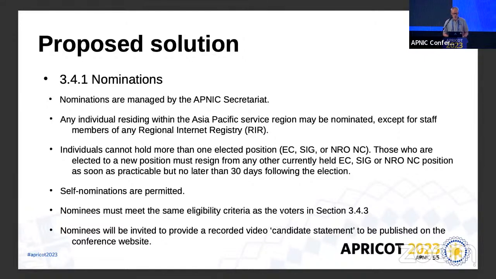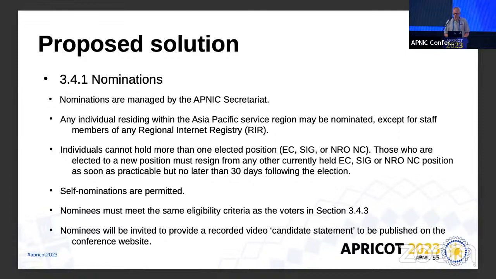3.4.1, nominations. Nominations are managed by the APNIC Secretariat. Any individual residing within the Asia-Pacific service region may be nominated, except for staff members of any regional internet registry. Individuals cannot hold more than one elected position, EC, SIG, or NRO NC.